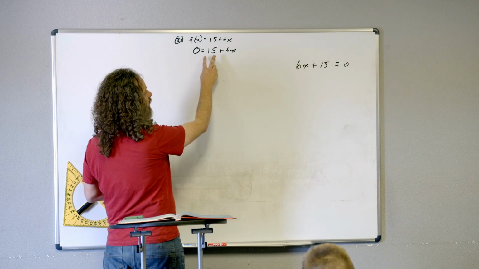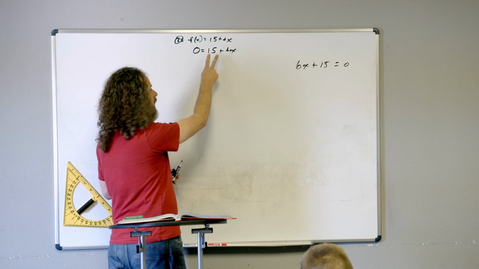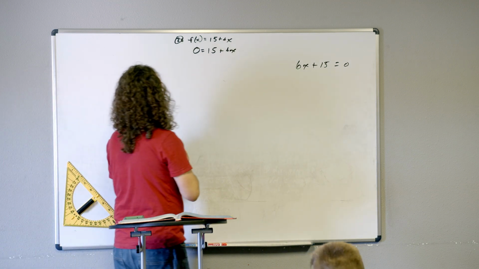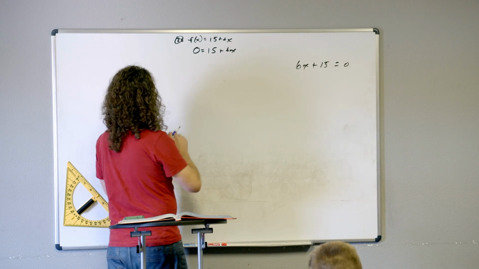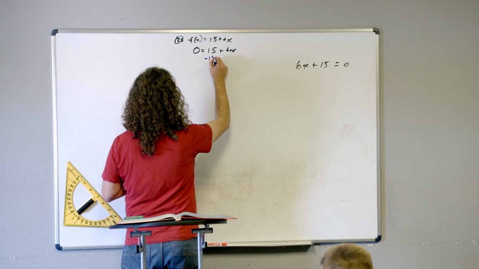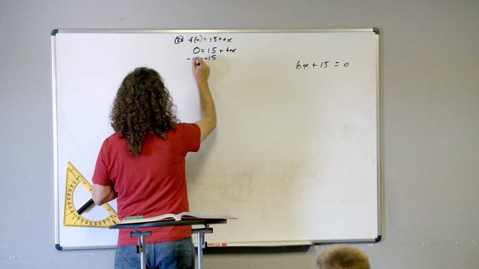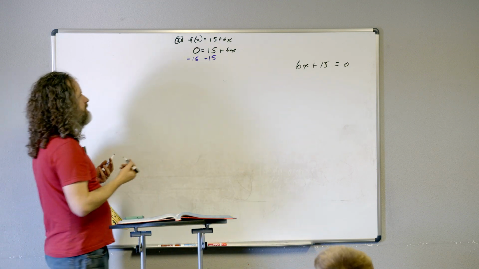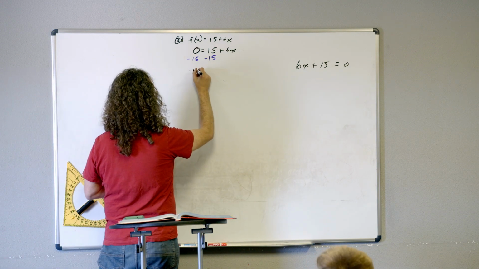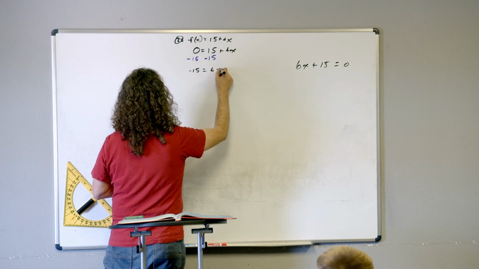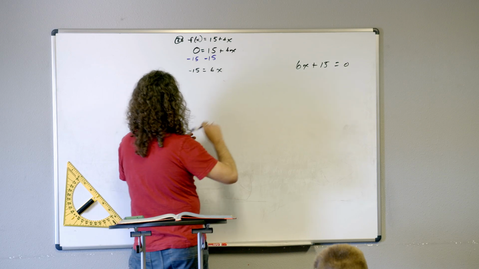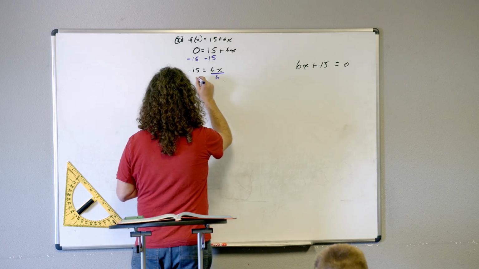So we get rid of the other one first that's added or subtracted. So how would we get rid of the 15? Subtract it. Subtract 15, and we subtract this from this side as well. What's 0 minus 15? Negative 15. Easy money. Now what would we do? Divide the 6 off, because right next to means multiplied, so we divide to get rid of it, right?